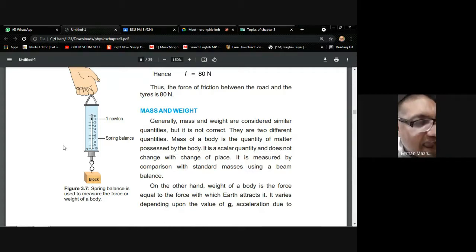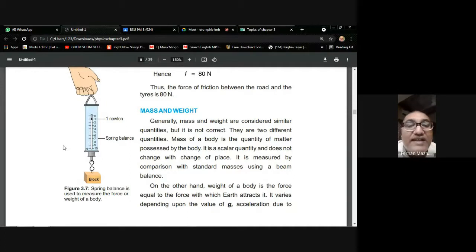So the mass does not depend upon the location. If something is 2 kg here, it will be 2 kg in Murree, on the top of K2, and in space. Even if you take it to the moon, its mass will be 2 kg.